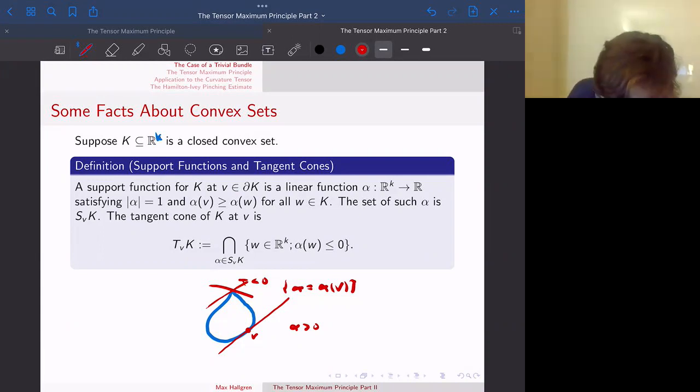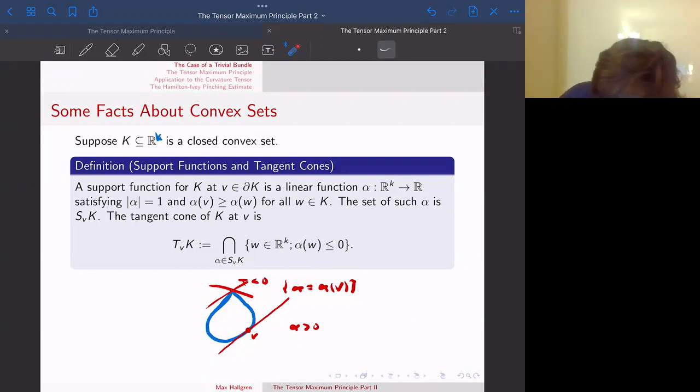And now if we restrict our attention to just support functions at a fixed point, then the intersection of all of these half planes at a single point is going to be the tangent cone of our convex set K.